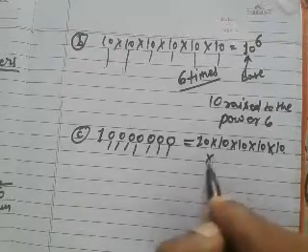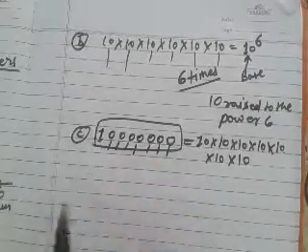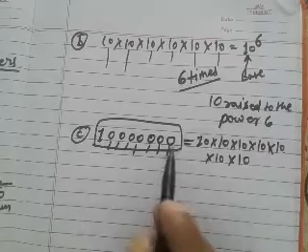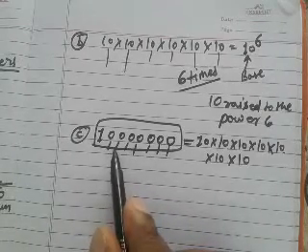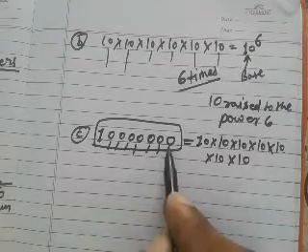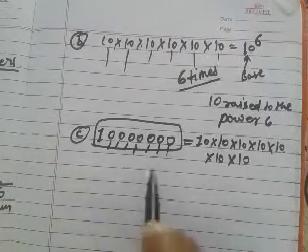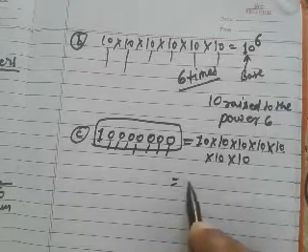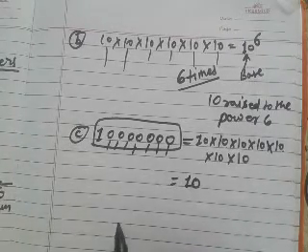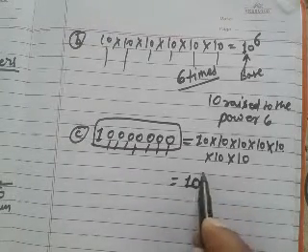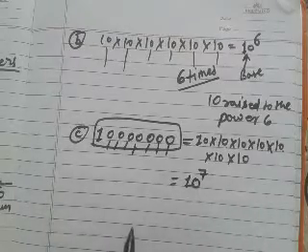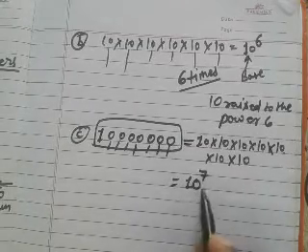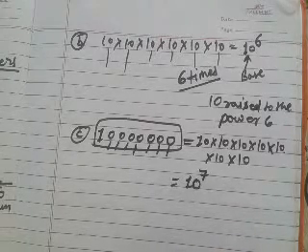Then we get this number. There are 7 zeros available in this large number, so we can write this number in exponential form. 10 is the base of this number, and 10 is repeated 7 times here, so its power is 7, and we read it as 10 raised to the power 7.